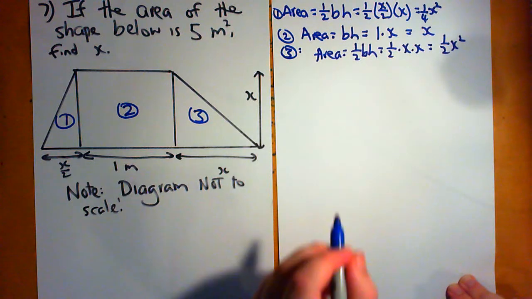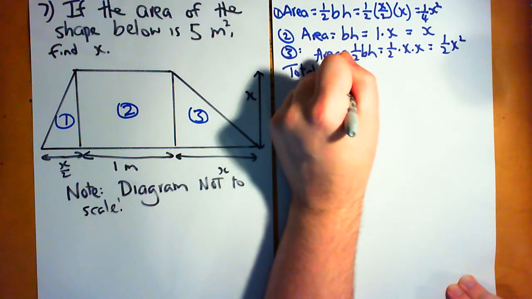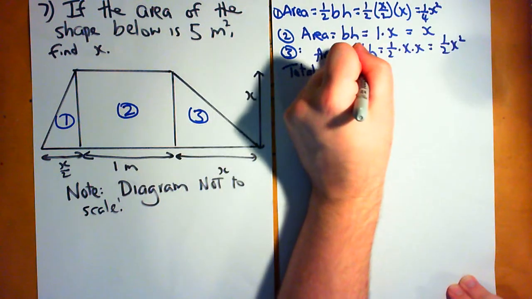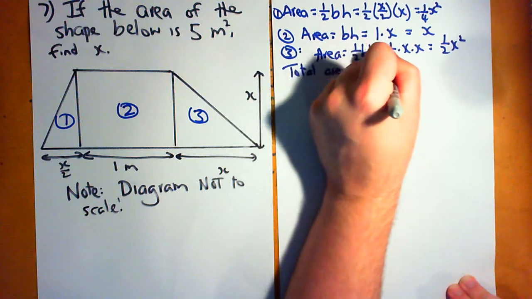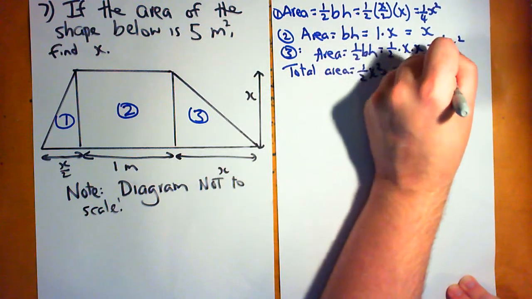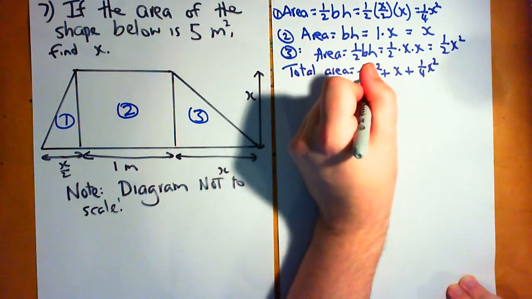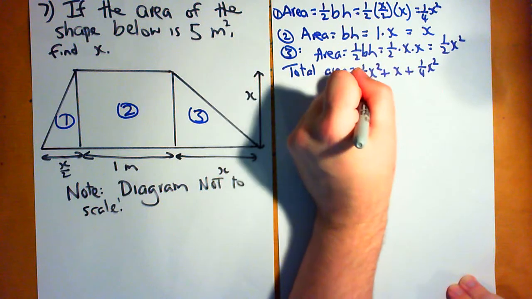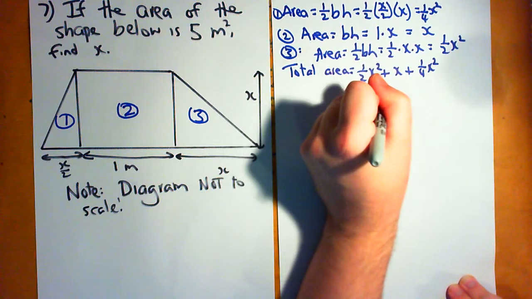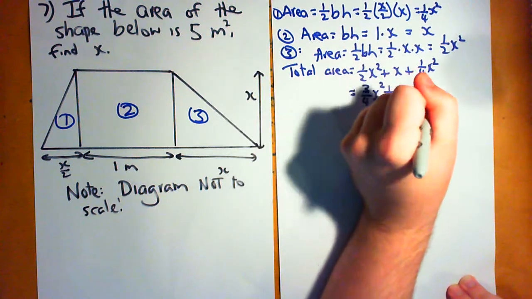So what's the total area? Total area is going to be, add the areas, half x squared plus x plus a quarter x squared. The first and last terms there are like terms, so they can be combined. Half plus a quarter is 2 over 4 plus 1 over 4, which is 3 quarters. 3 quarters x squared plus x.